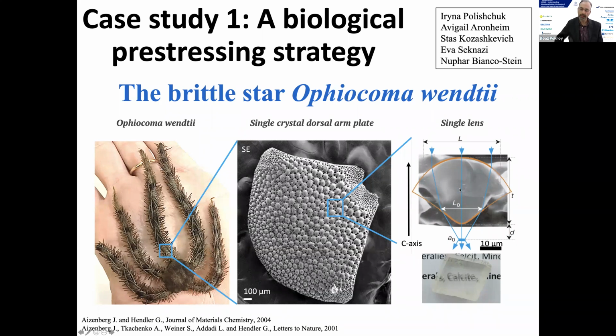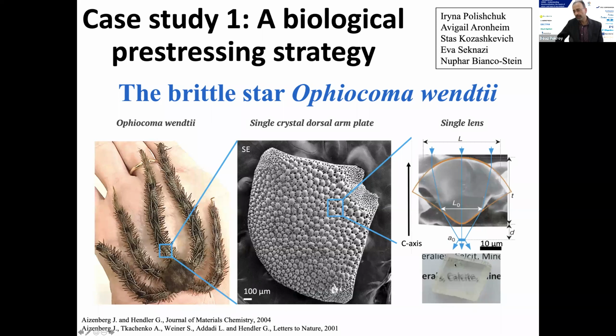It actually is a micro lens. And Joanna Aizenberg has shown that each one of these lenses can actually concentrate light onto a specific focal plane. And this actually serves as a multi-lens organ. And of course, there are many of these on each one of these arms.